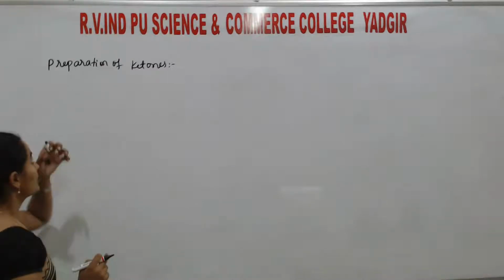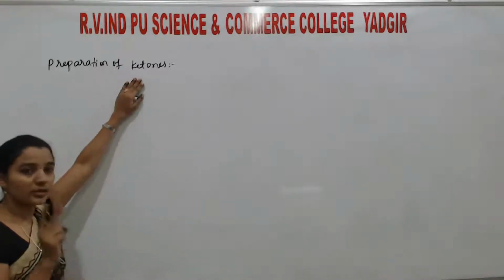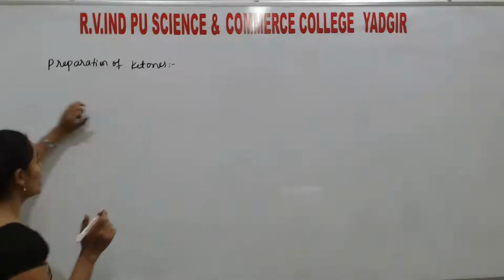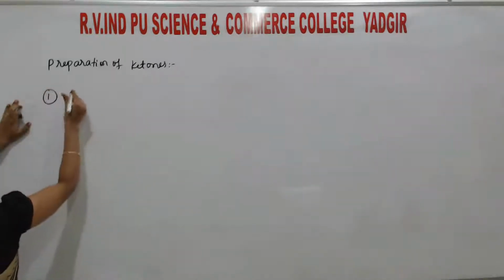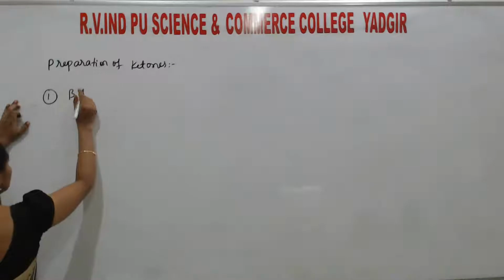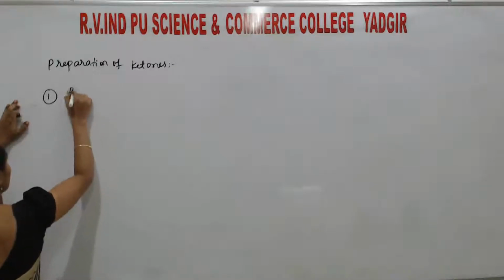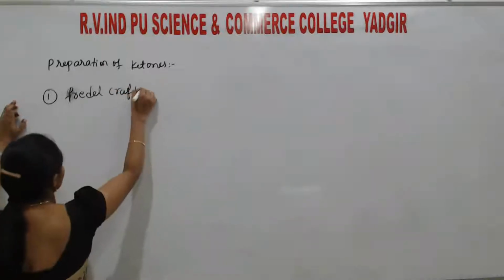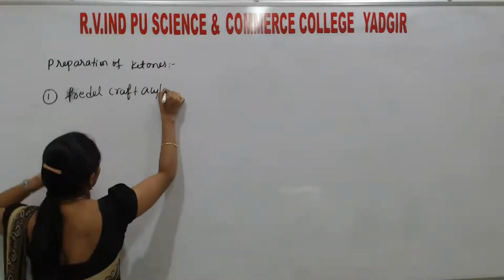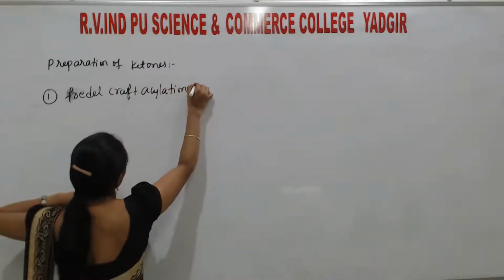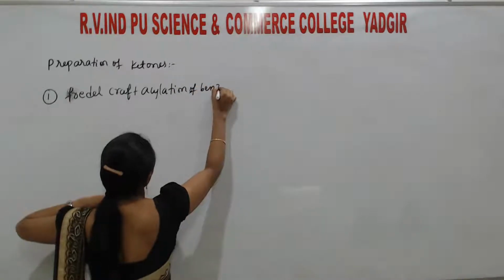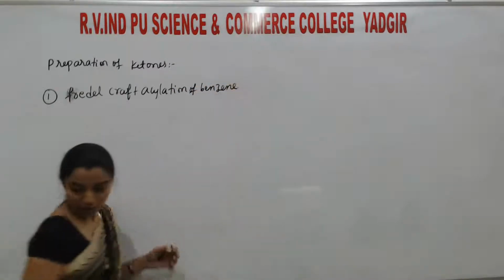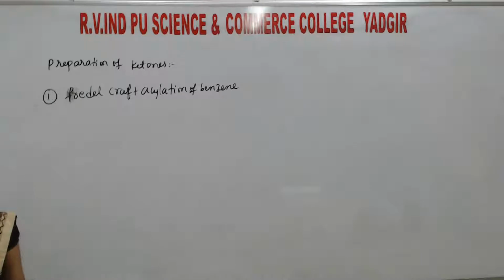Okay? So listen, preparation of ketones is of only two types. The first one is from Friedel-Crafts acylation of benzene. Are you correct? Friedel-Crafts acylation alone.